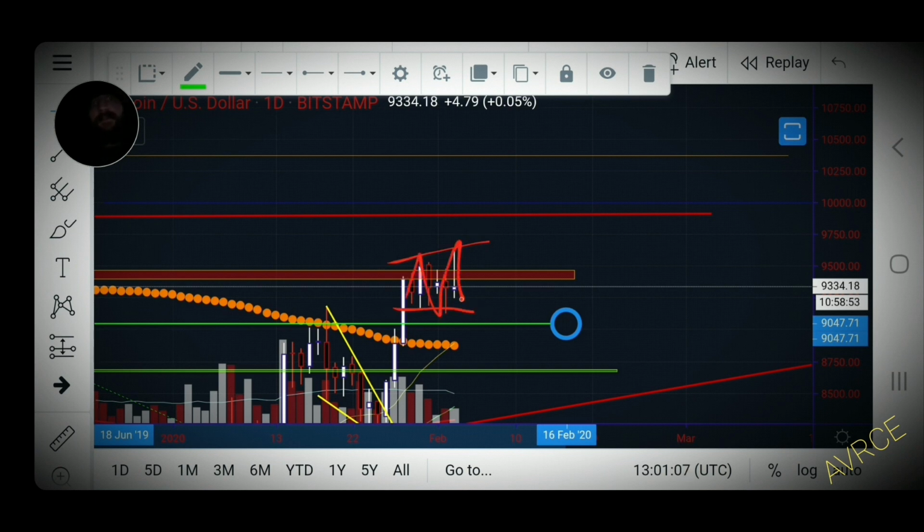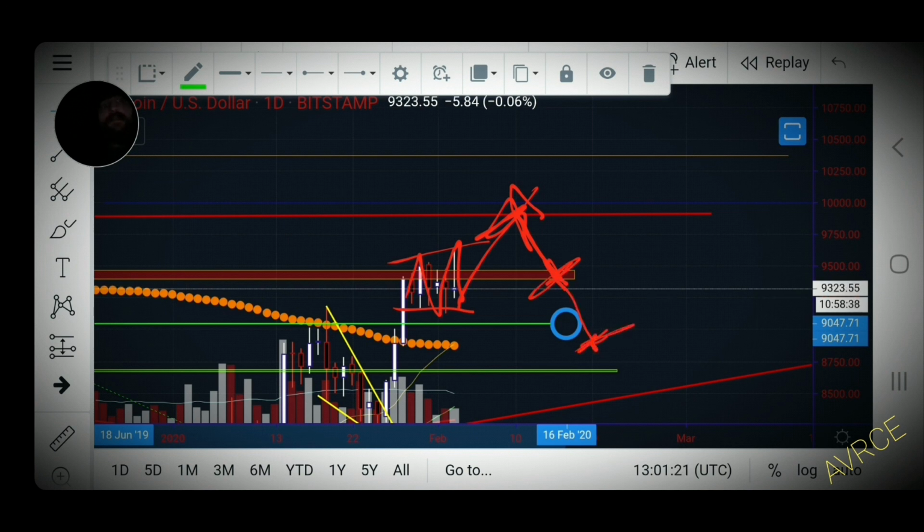It could just break up and go straight for the 10K and start attacking it right then and there. And then at that point, it could have its correction and either come down to this point or the 200 daily moving average and bounce, and then go back up to 10K from either spot. So there's a couple of scenarios that can happen here.